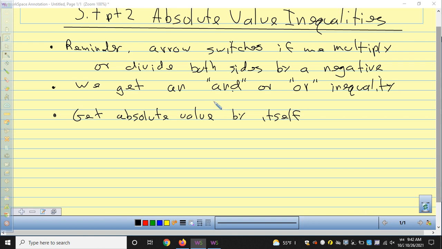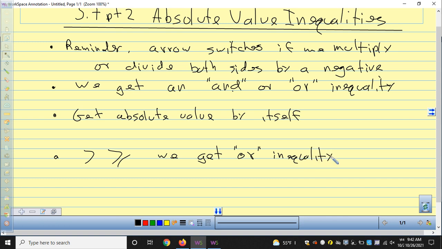So our two possibilities for our and or inequalities. When we have greater than or equal to, we get an or inequality. And a way that can help you remember is when you look at this, greater than or equal to, think great-or, instead of greater, great-or.